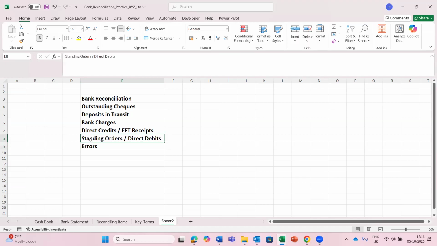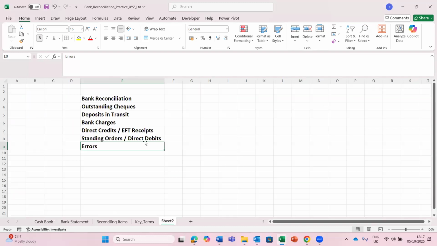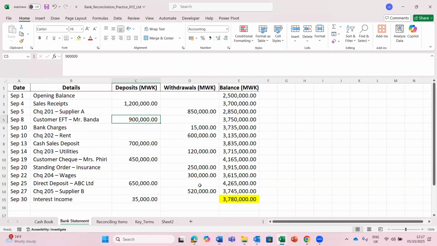At the same time, by the company or the client, instead of recording 850,000 you can record it as 85,000. So errors contribute to these two balances not agreeing.